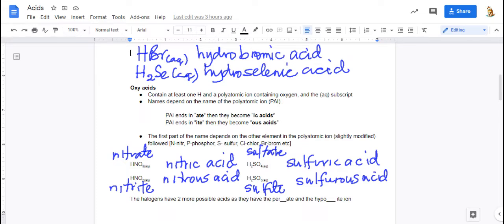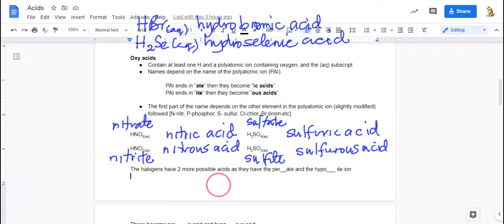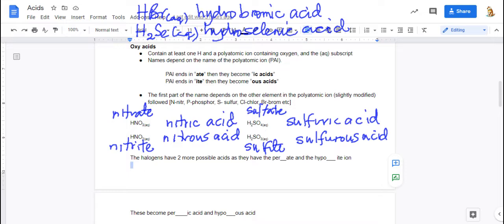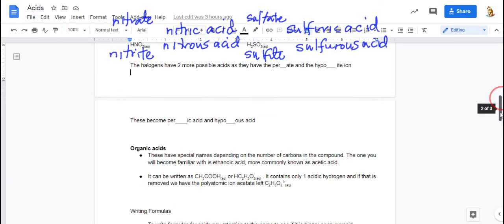Now it gets a little more tricky with the halogens because they have the per-ate ion and the hypo-ite ion. But the ate and the ite kind of help you with this.